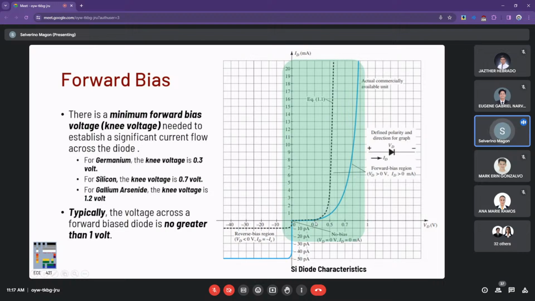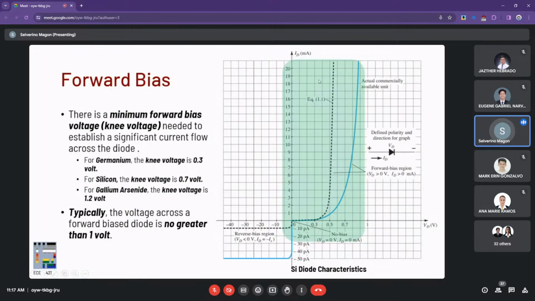I suppose this one is for germanium. So after we reach 0.3, it will start to conduct current, so we can have a current at least, and that is called the forward bias region.